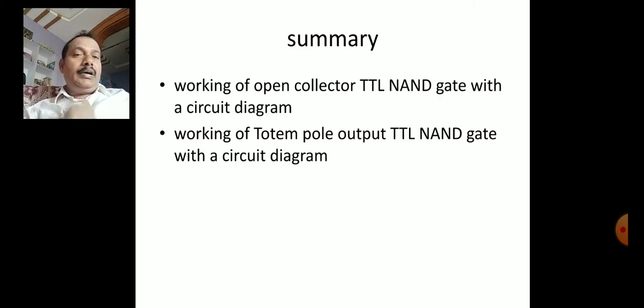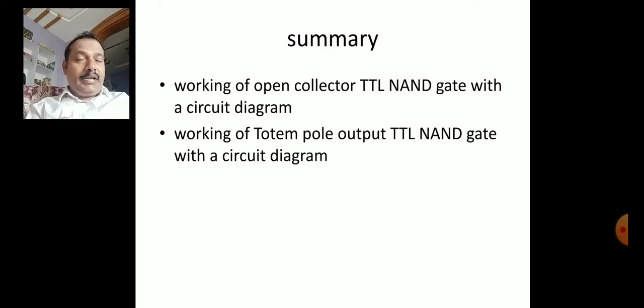Next, the totem pole output TTL NAND gate also we have discussed. In this, we have drawn the truth table in detail and discussed which transistor is conducting and which transistor is off.